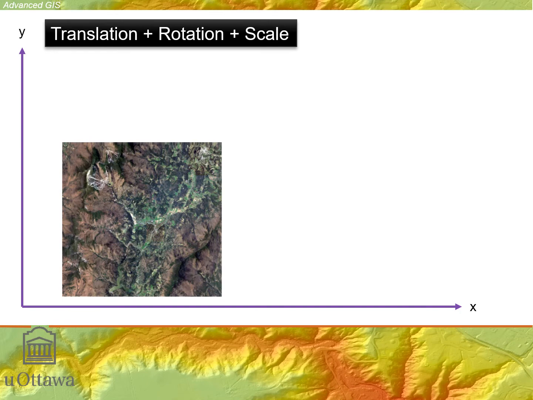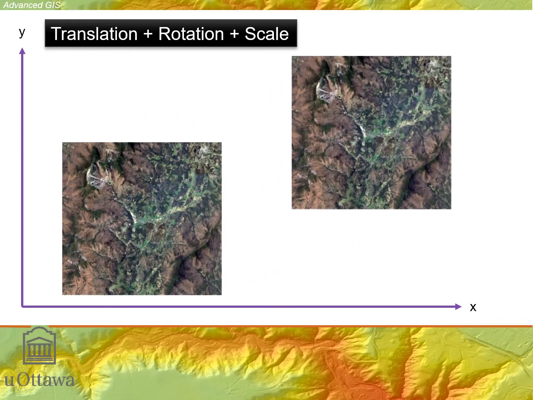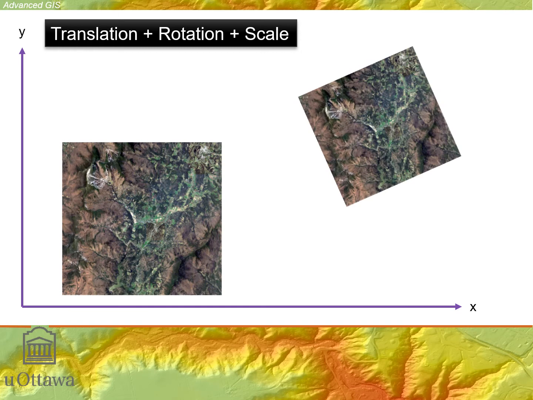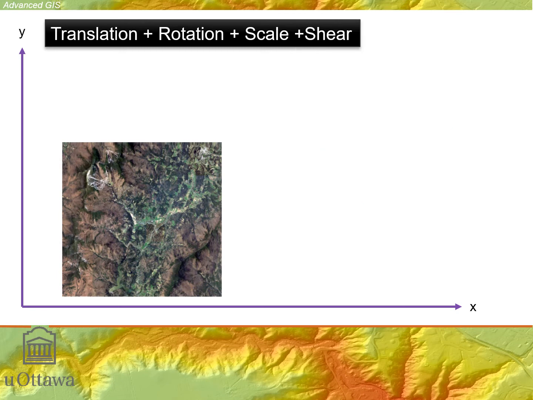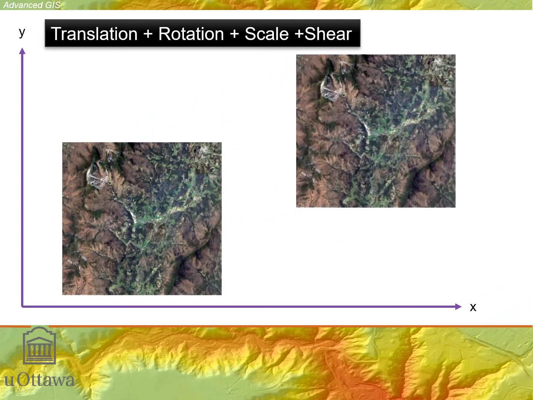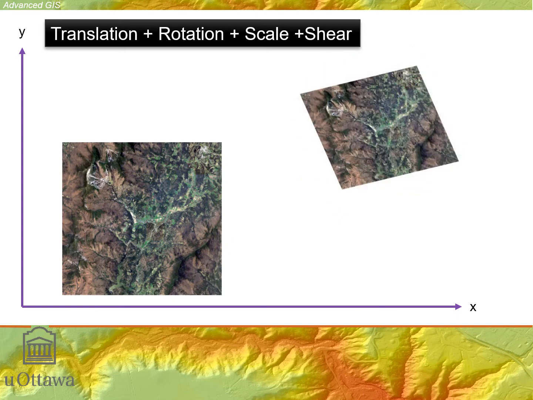Here's translation, rotation, and scale. So we have the translation, rotation, and then a rescaling of that, in this case making it smaller. Finally, translation, rotation, scale, and shear. So shear makes a movement in this direction and that direction, but keeps all the parallel cell lines or divisions parallel during a shear operation.